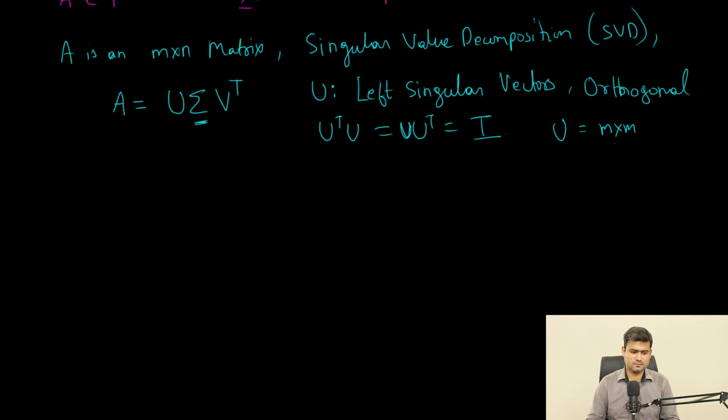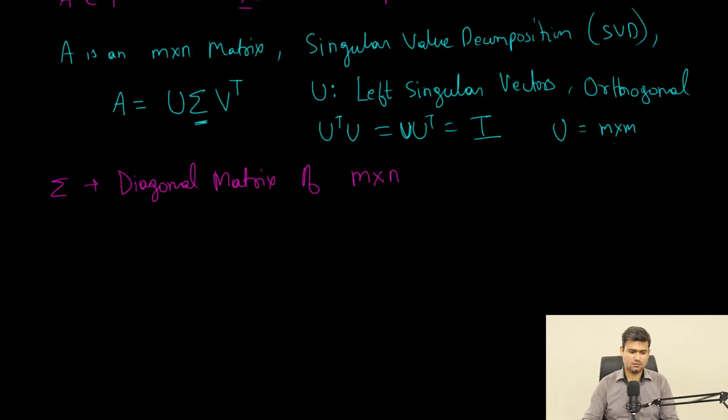Sigma over here is a diagonal matrix of dimension m cross n with singular values along the diagonal in decreasing order.